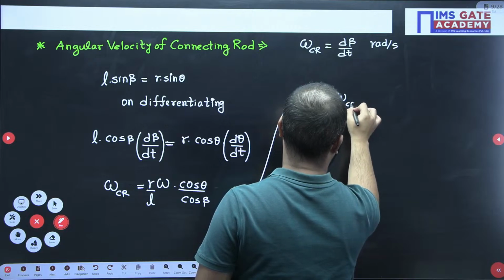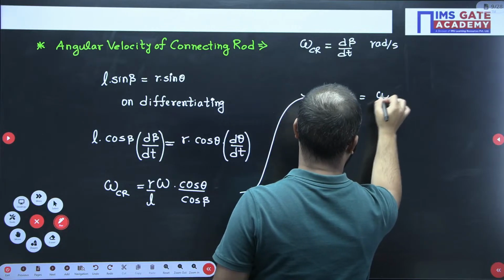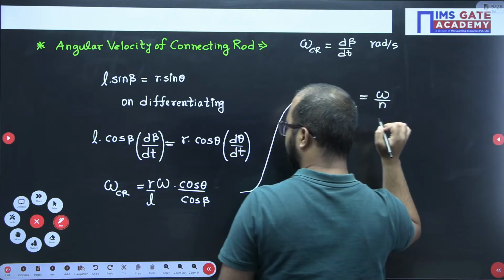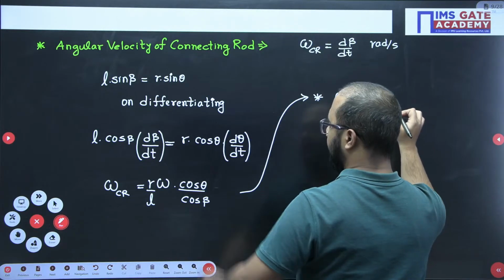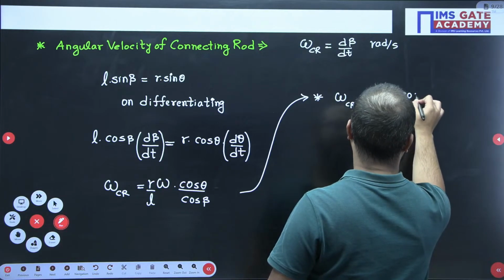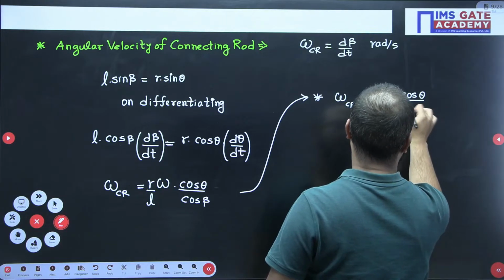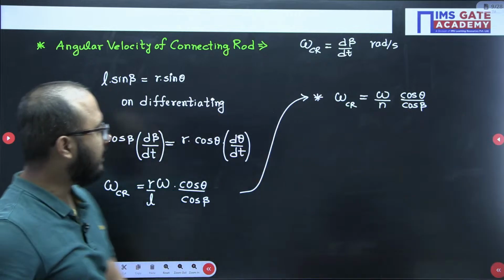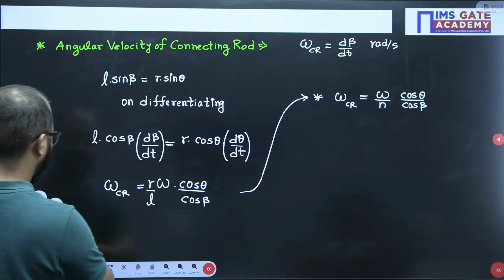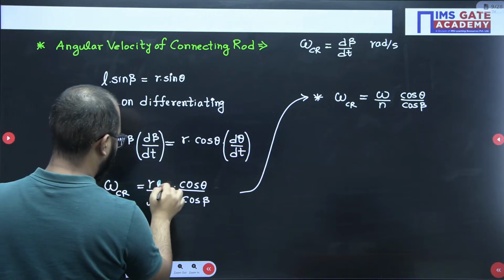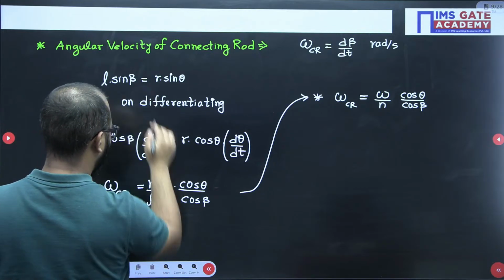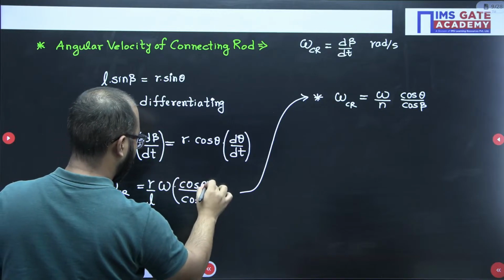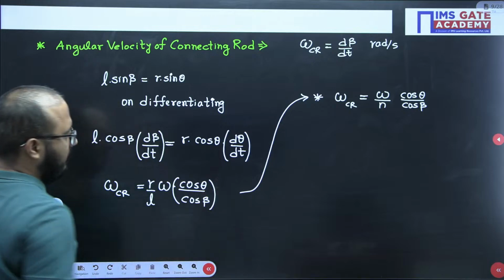Omega of connecting rod will be equal to omega by n, right? And this cos theta divided by cos beta. Okay, fine.